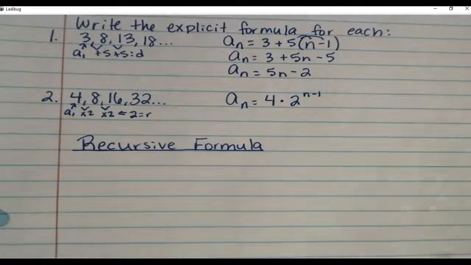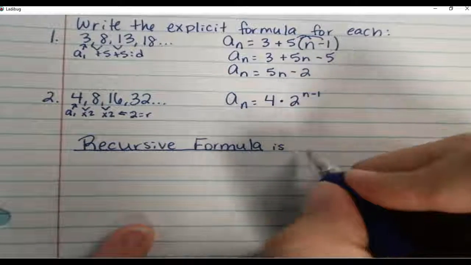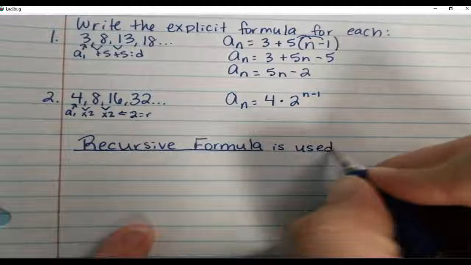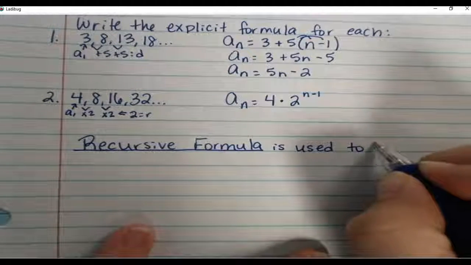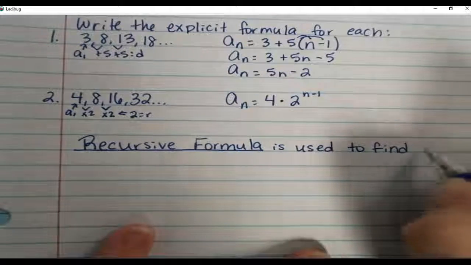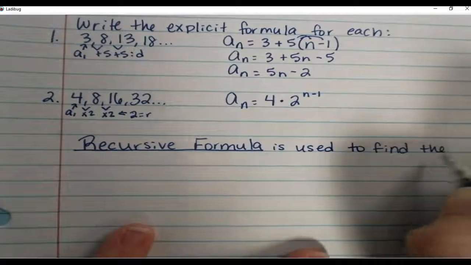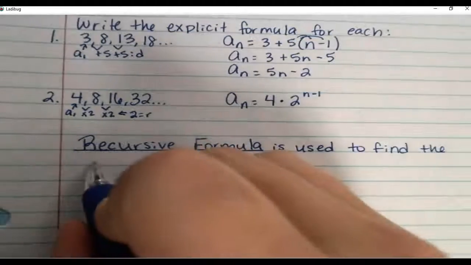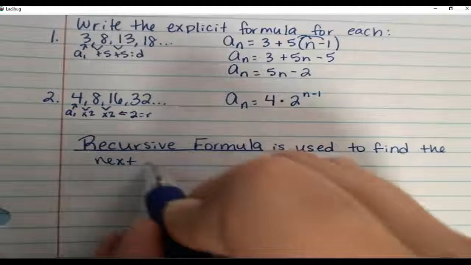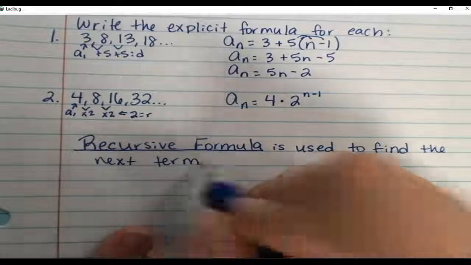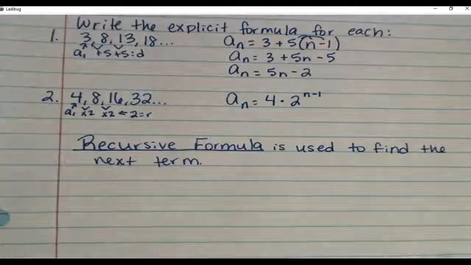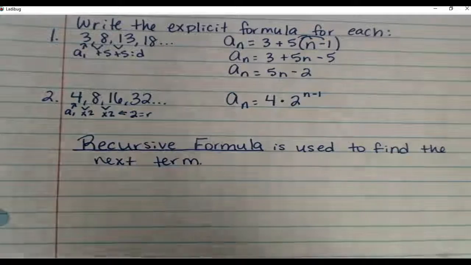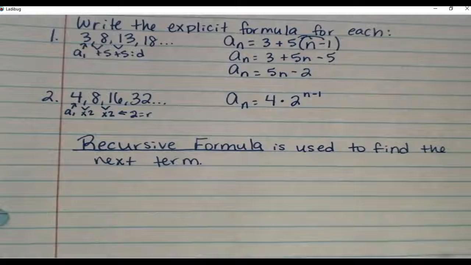You can only find the next term. So recursive formula is used to find the next term. So if you have the first term, you can use it to find the second term. If you have the second term, you use it to find the third term, etc.